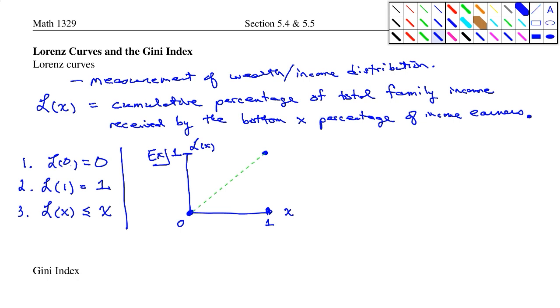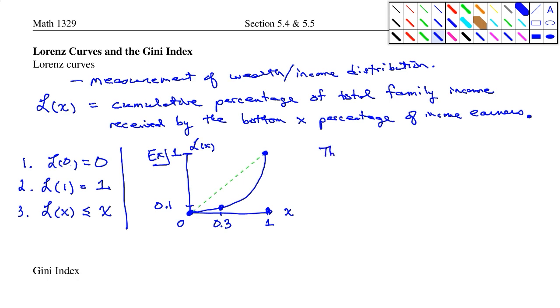So one typical expression for L of x might be something like this. And so let's use this as an example right here. Let's say that that point is 0.3 on the x-axis and 0.1 on the y-axis.